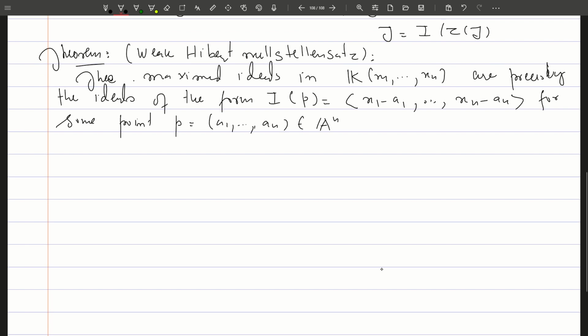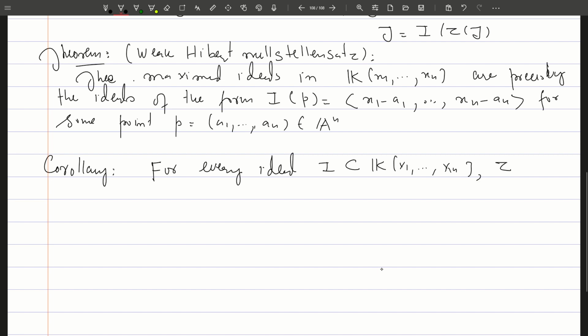Now this has an immediate consequence. For every ideal I in the polynomial ring in n variables, the zero set of I is always non-empty.